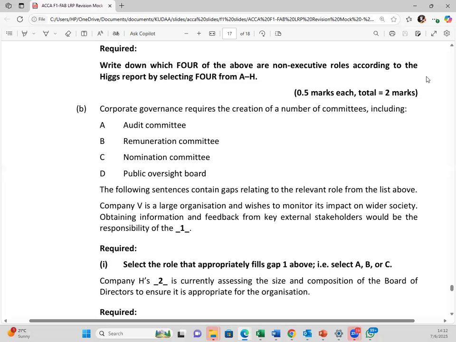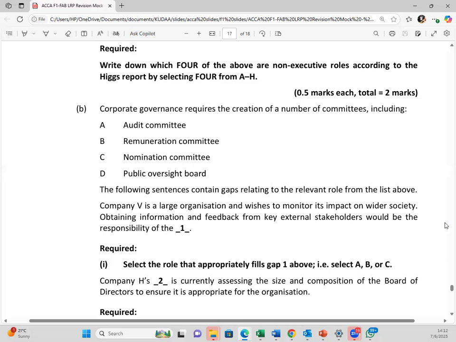So it checks to see whether the control systems are working well. Are there no loopholes or weaknesses in our control system? So the audit committee is there to just ensure the systems are working well and there are no errors.